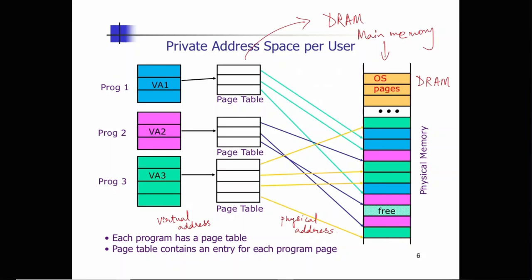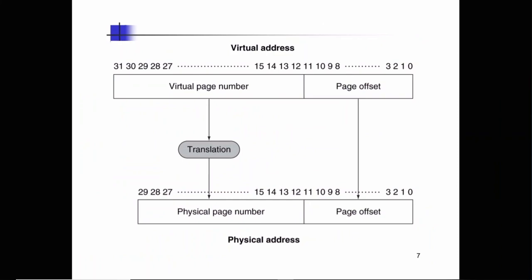All right, so let's see how that translation works in a little bit more detail. Our goal is to map from a virtual to a physical address. On the top we have a virtual address, on the bottom we have a physical address. Both these addresses have a page offset, and we talked about why we need that page offset.